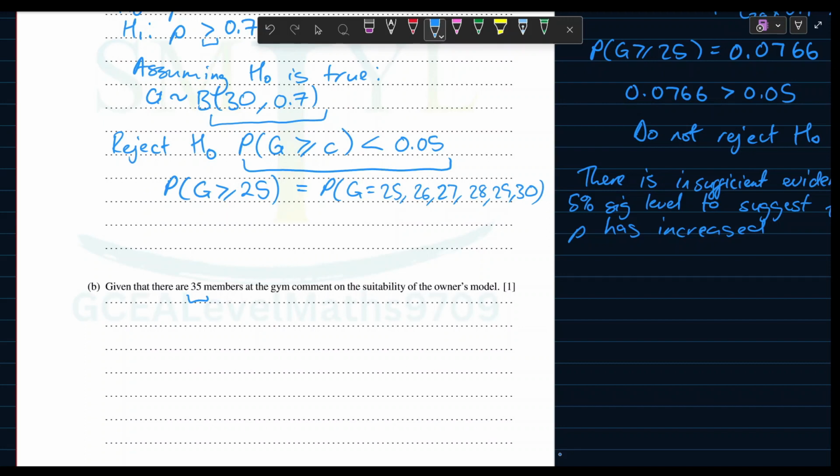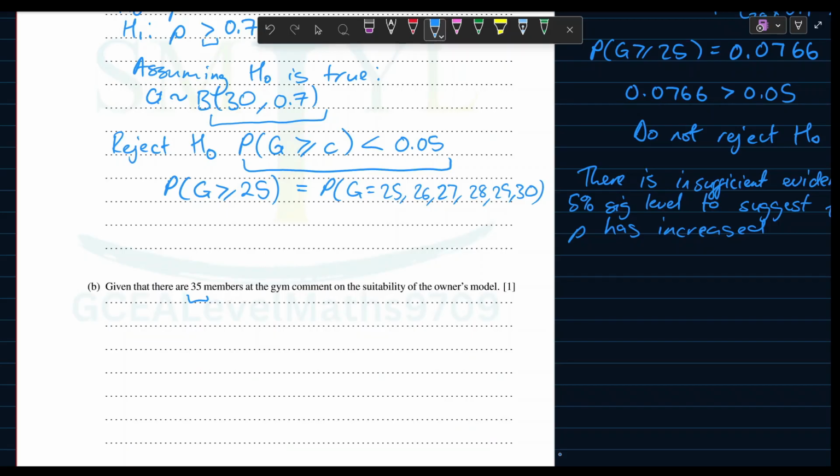Okay. But I could also just as well make a counter argument that if you know that you've got 35 members at your gym, then use a model of 35 members to evaluate your situation. Don't use a model of 30. So as long as you can argue it out, then your answer would be correct.